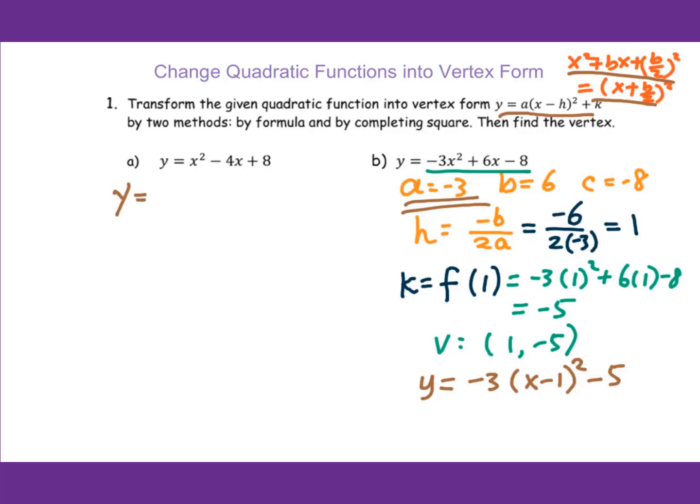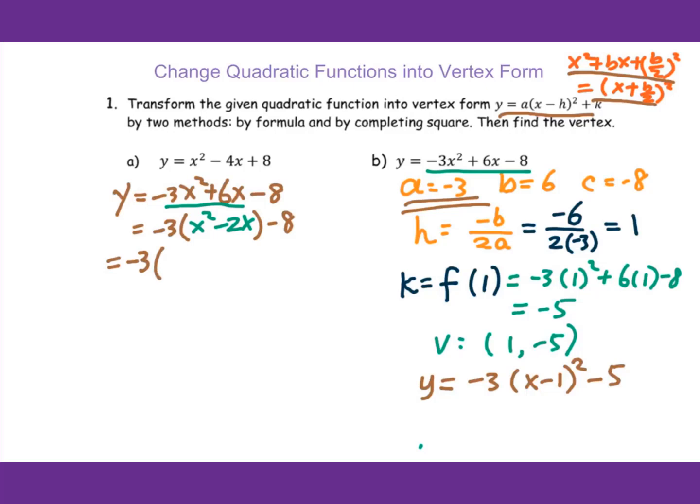You will get y equals negative 3x squared plus 6x minus 8. So we take negative 3 outside for these two: x squared, 6 divided by negative 3, that's negative 2x. Then minus 8.